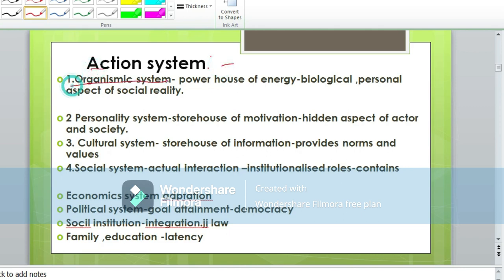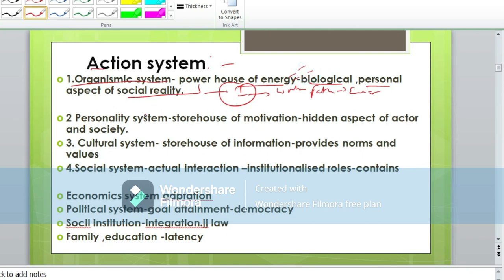That is the organismic system, which is the powerhouse of energy and provides the biological aspect of social reality. So when an individual goes to work as a father of a family, he has to earn bread for survival. Then he becomes the powerhouse of energy. He acts with full energy to do work to have the bread.